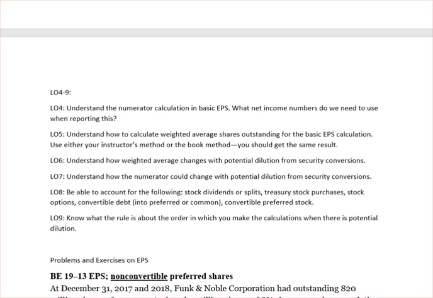Okay, so the next area which we'll cover will be earnings per share, and we'll spend some time discussing how to calculate weighted average. There are two parts to earnings per share that you need to pay attention to when we get to the PowerPoints: the numerator and the denominator.